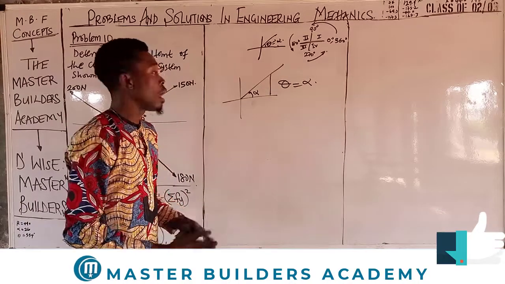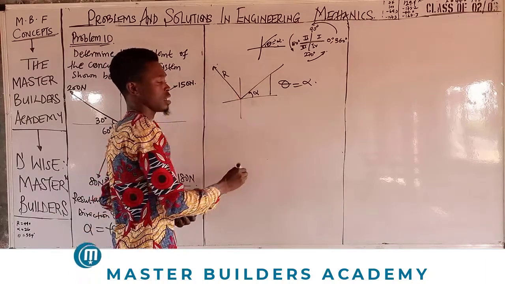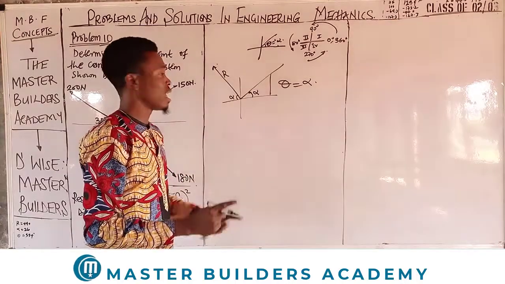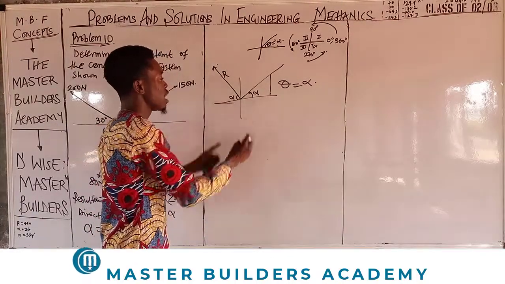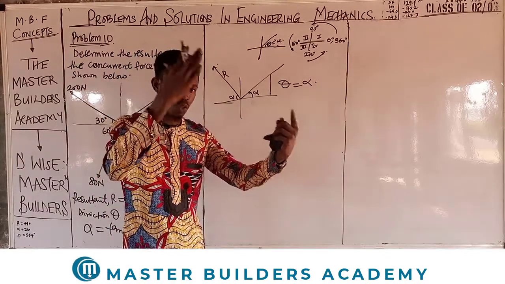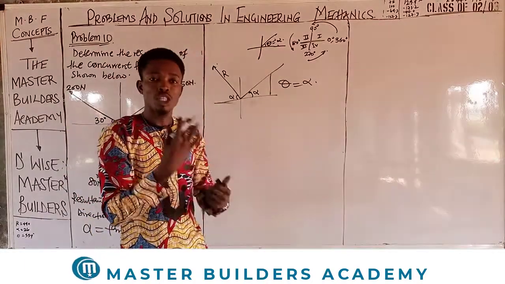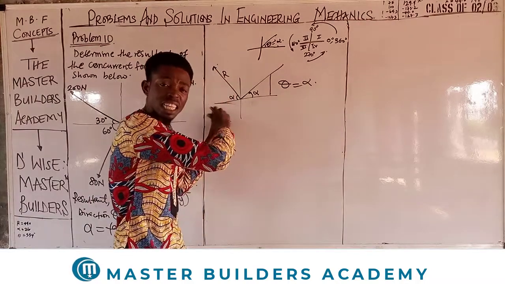That is the direction. But if the resultant now falls out from here, the alpha you calculate is a quadrantal angle. Remember, alpha is a quadrantal angle, so it's an angle you find within the quadrant. So alpha must lie between the resultant force and the x-axis. Don't forget, alpha must lie between the resultant force and the horizontal axis.